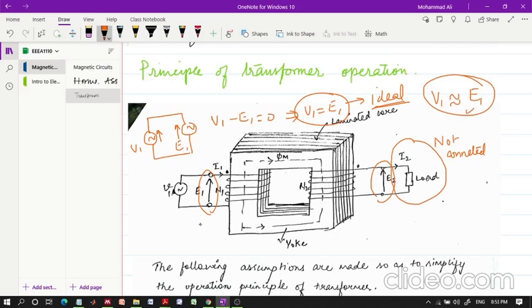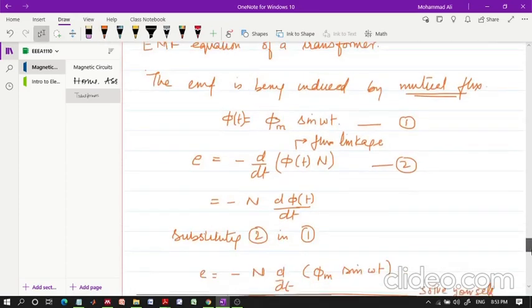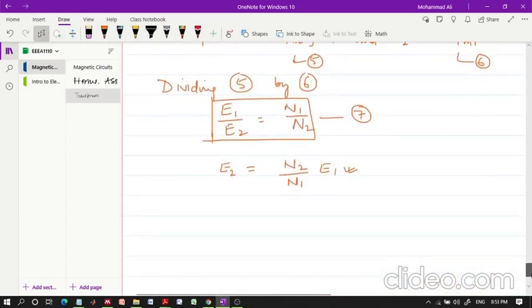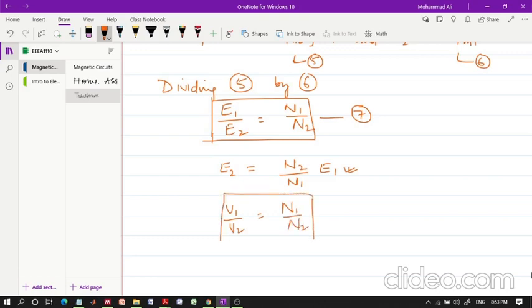So we can have another relationship over here, that is V1 upon V2 is equal to N1 by N2. ठीक है, अब आप फर्क समझें कि क्या फर्क है E1 और V1 में और V2 और E2 में.